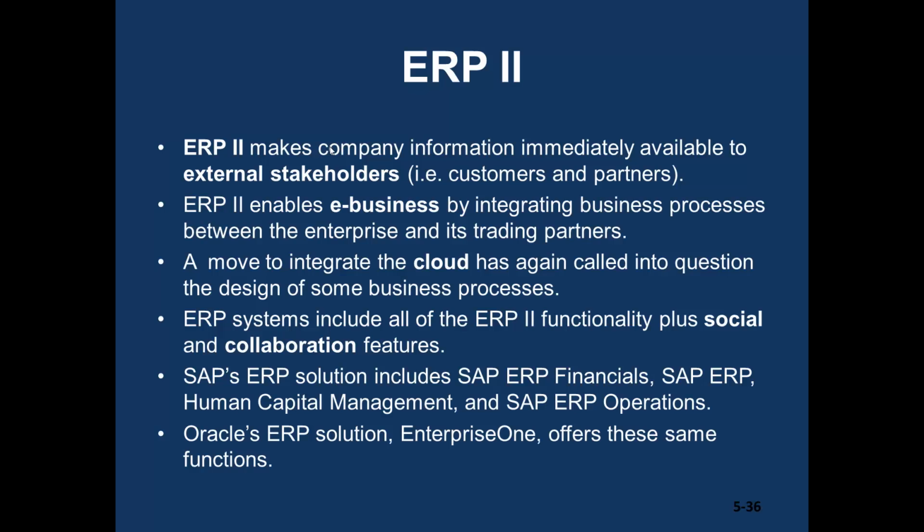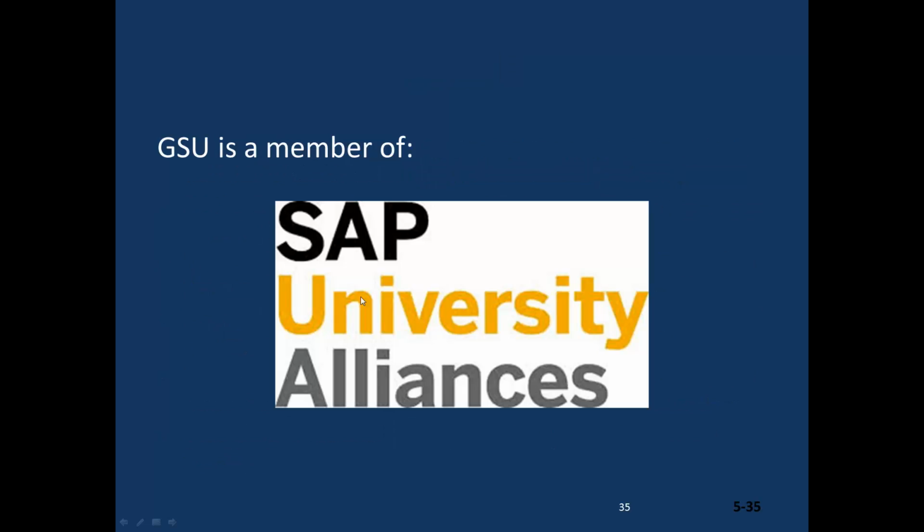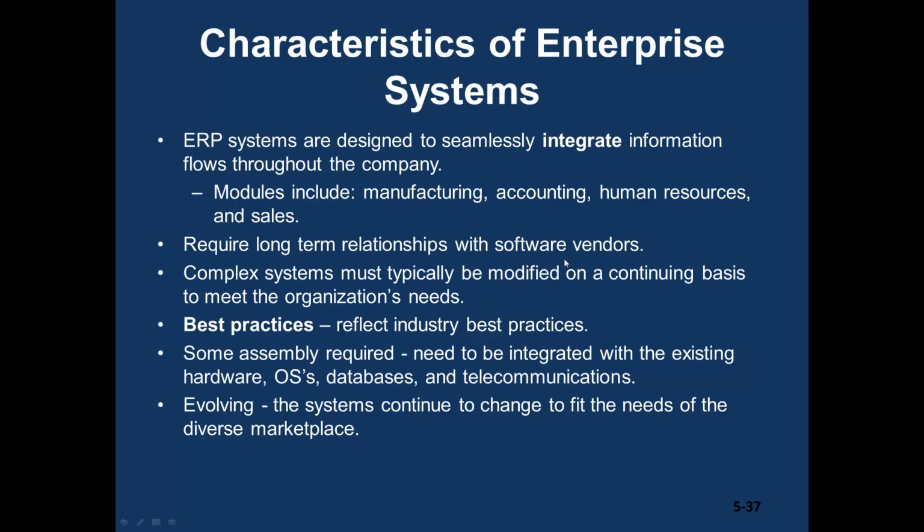Oracle's ERP solution, they have something called Enterprise One. Some characteristics of enterprise systems are that they ideally will seamlessly integrate information flows through the company, through the organization, or whatever organization, government entity or not, including manufacturing, accounting, human resources, and sales.